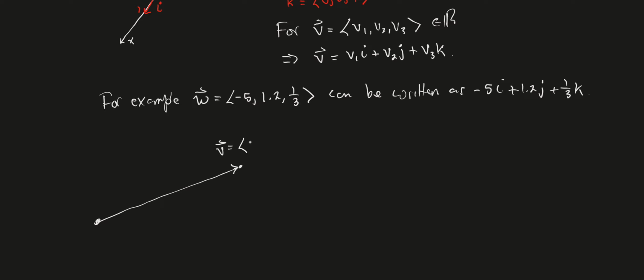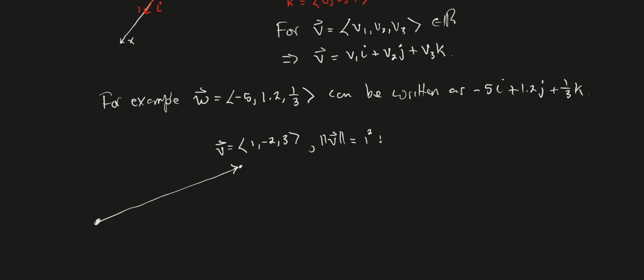So let's say it's 1, -2, 3. Just the fact that it has 3 components tells me that this is a vector in R3. I don't need to draw the coordinate system for what I'm trying to do. And we can compute the magnitude of this vector. So the magnitude of v: I'll square the components, add them, and then take the square root.